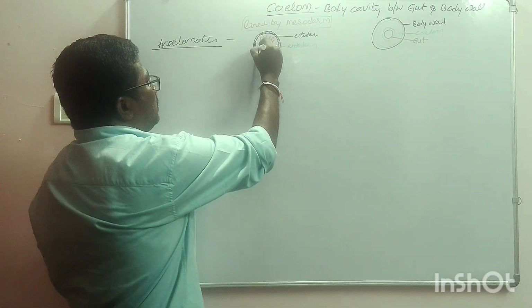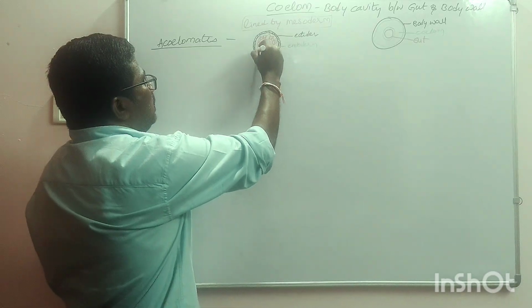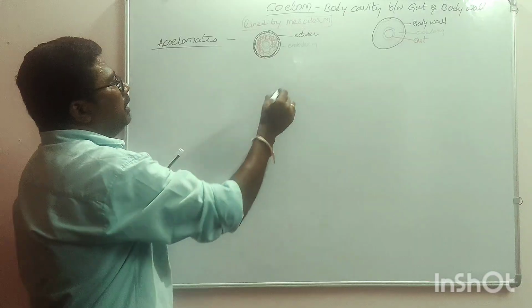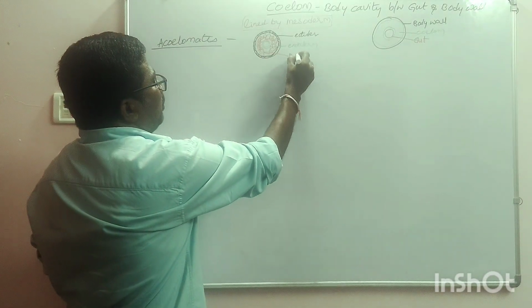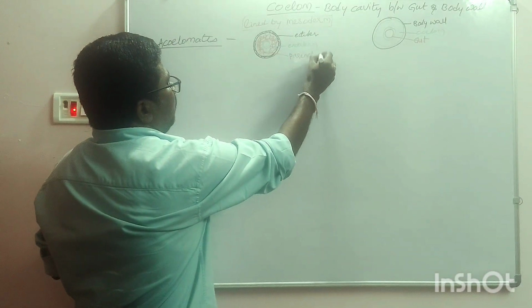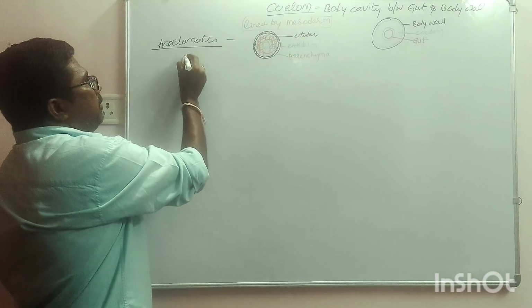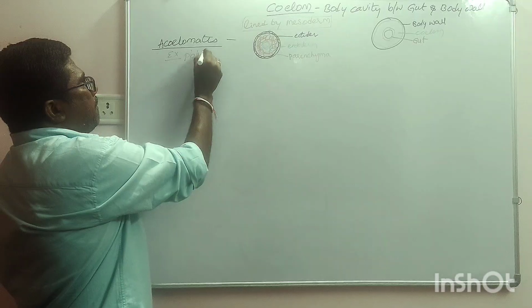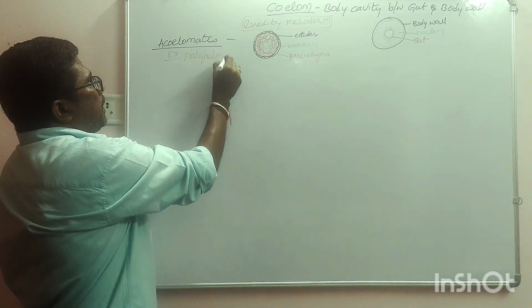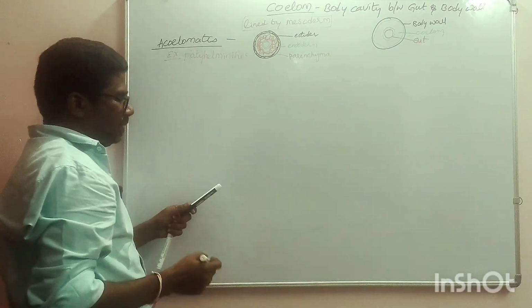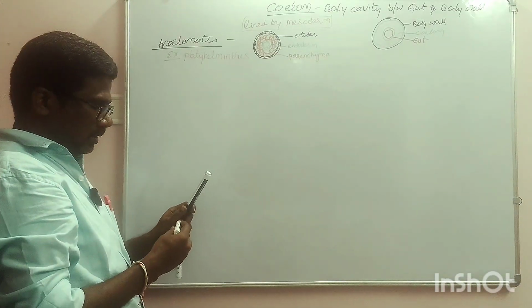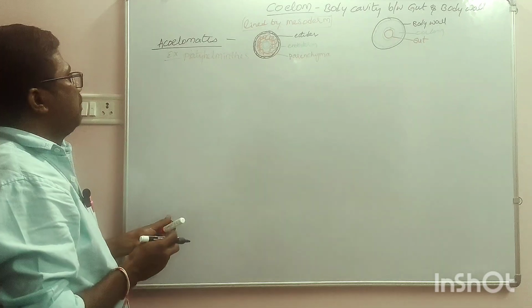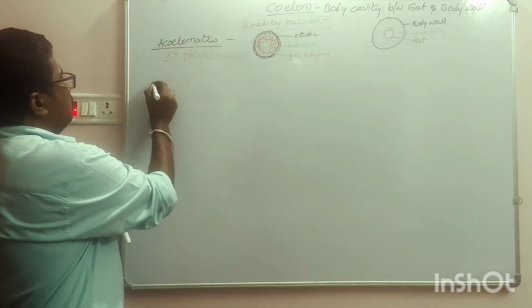So all this is filled with a type of cells. There is no coelom, only parenchyma cells. An example for such type of organisms is Platyhelminthes, right? Next, other type of animals based on the coelom are pseudocoelomates.